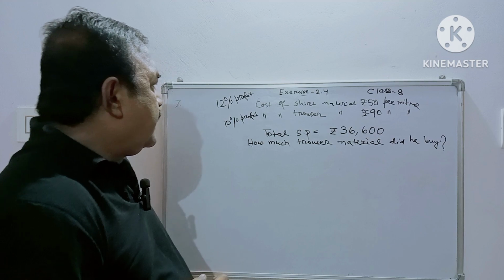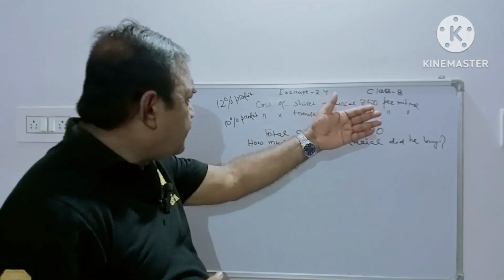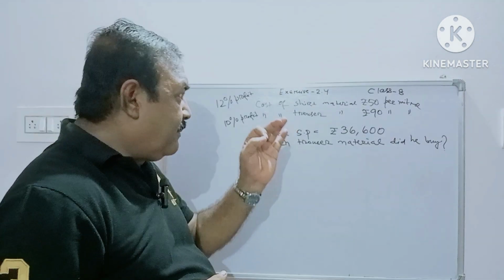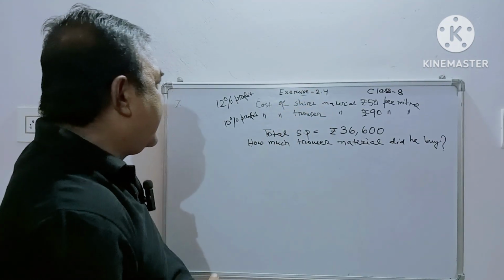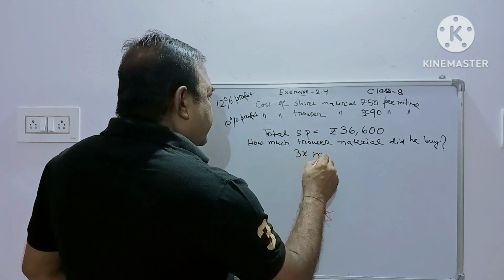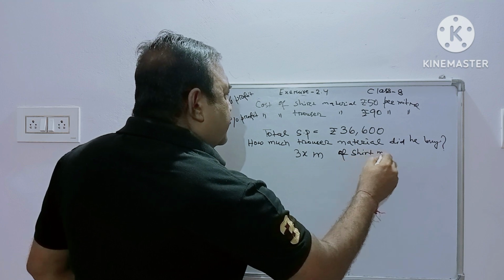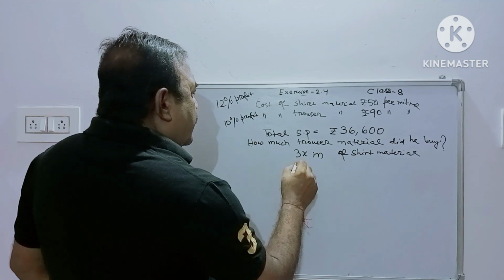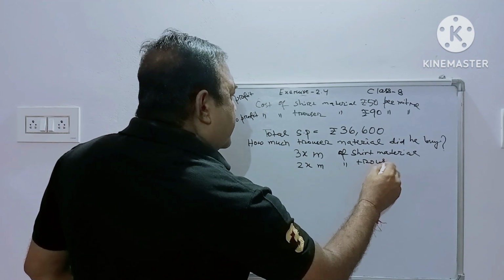Suppose, you see, when he buys 3 meters of the shirt material, at the same time he buys 2 meters of the trouser material. Suppose he has brought 3x meter of shirt material and 2x meter of trouser material.